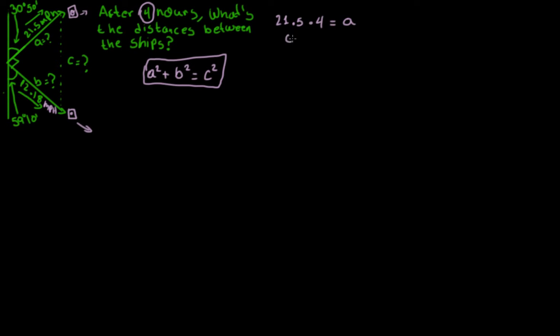That means that A is equal to 86. So this is 86 miles away from the starting point, from the port, right?